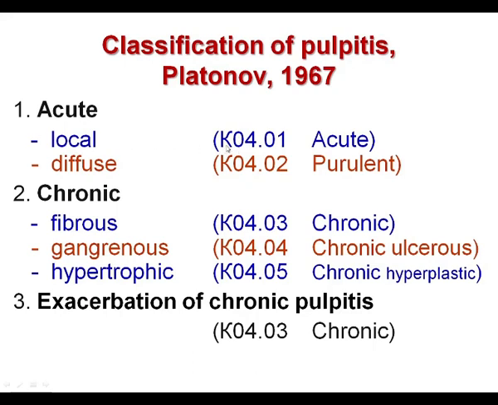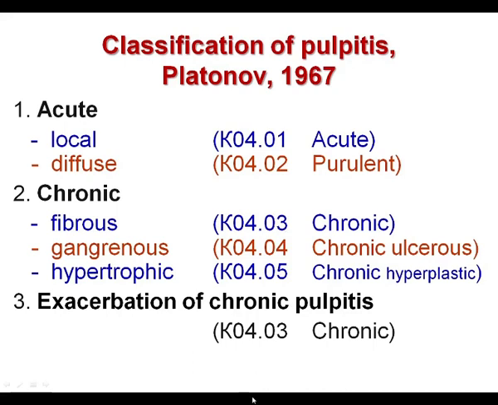Local matches K04.01 and diffuse matches K04.02. Chronic pulpitis has three clinical forms, fibrous, gangrenous, and hypertrophic, and they also match the International classification by ICD: fibrous 3, gangrenous 4, and hypertrophic 5.